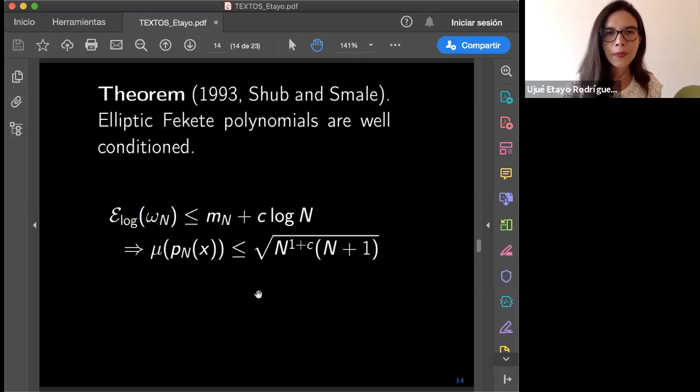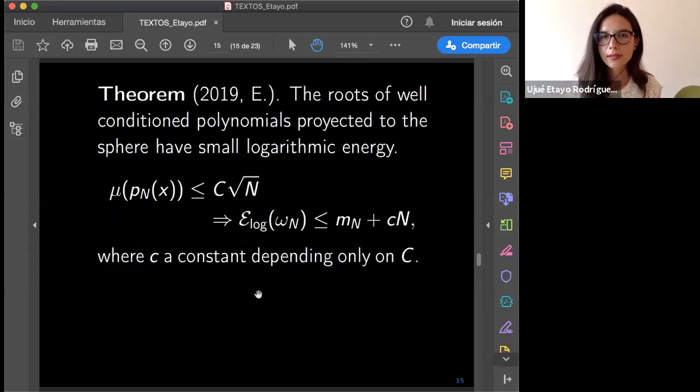And that's one relation. The other relation was given last year, and it says exactly the reverse. If the condition number of any sequence of polynomials that I can think about with complex coefficients and one variable is bounded by this, then the logarithmic energy of the points obtained by computing the roots of my polynomials and projecting them back to the sphere through the inverse stereographic projection is bounded by the minimal logarithmic energy plus some extra n term.